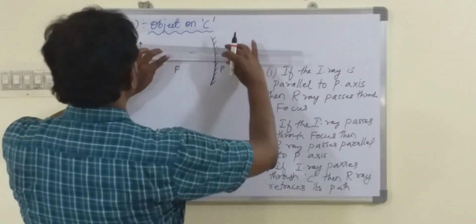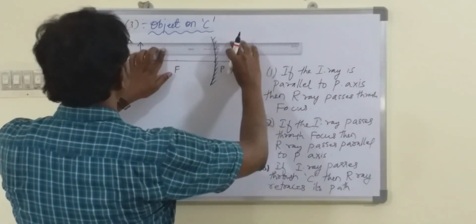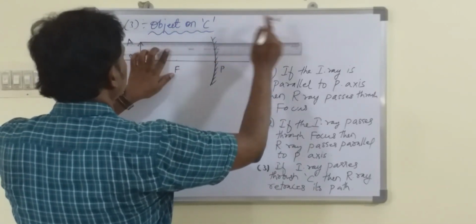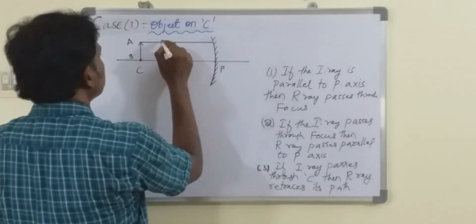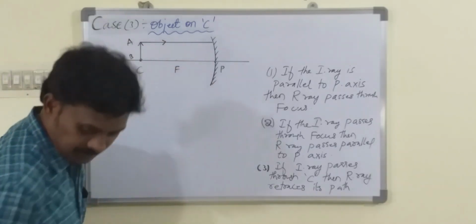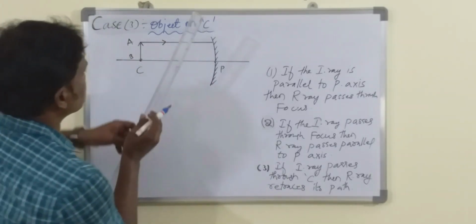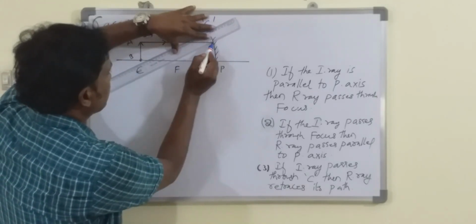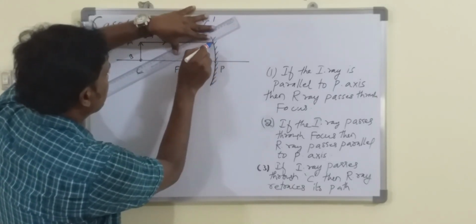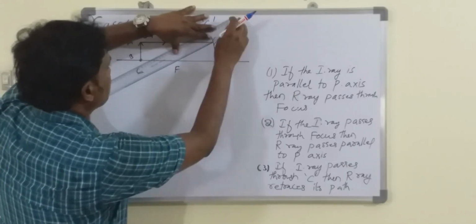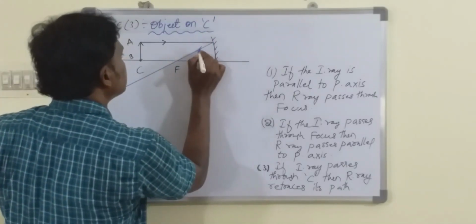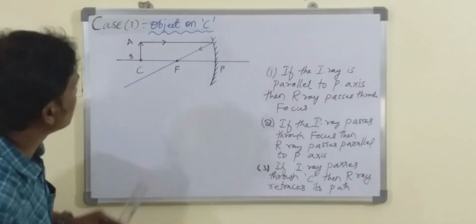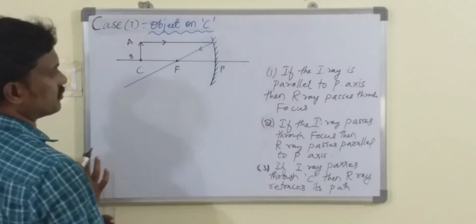Now the first light ray should be parallel. Always follow the rules. The first light ray is always parallel to principal axis, and the reflected ray passes through focus, as we have seen in the previous cases. Okay, this is a reflected ray. Now the second light ray should pass through focus.